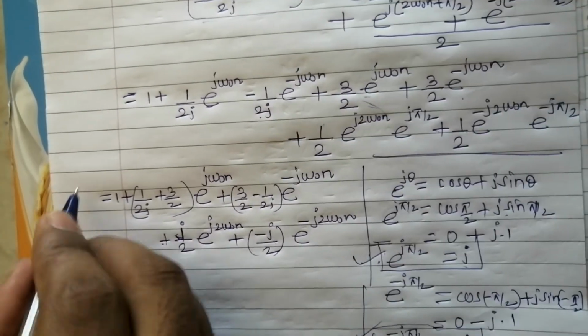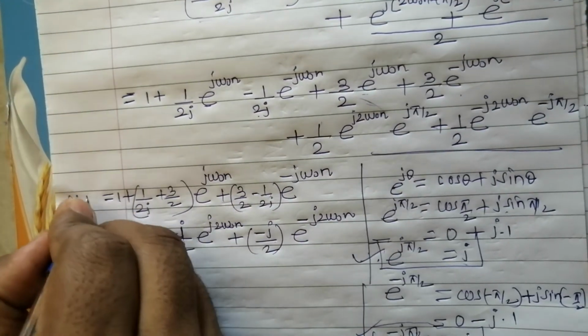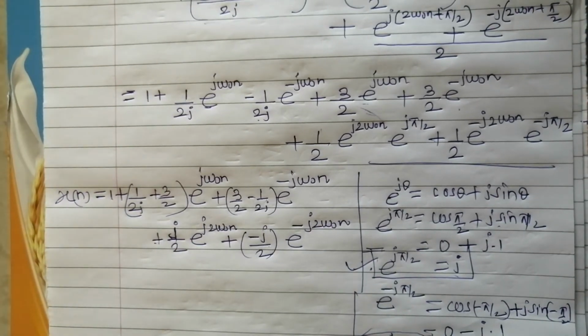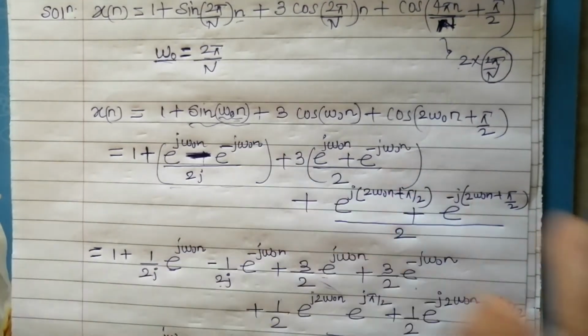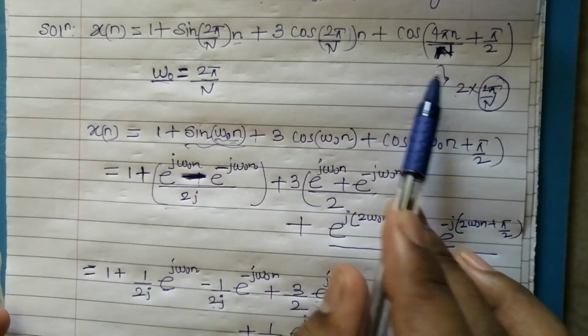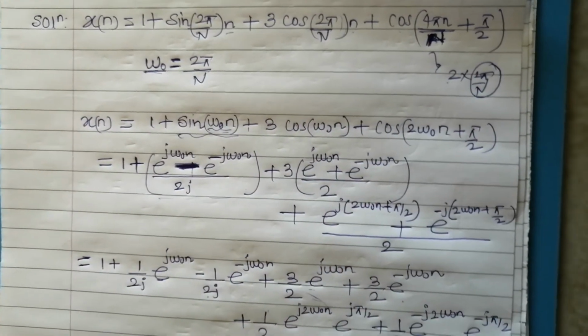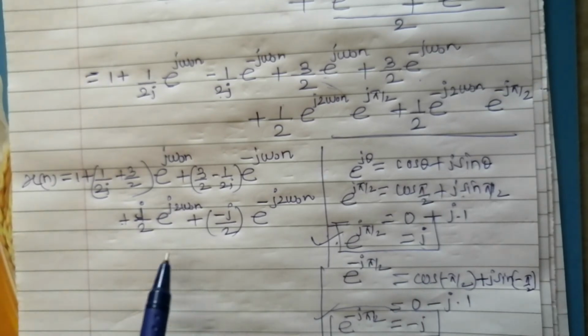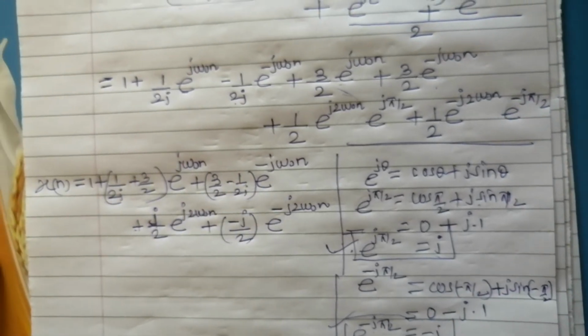Okay, so this is our x of n. So we have simplified and also represented the given x of n. So this was the given x of n, and we have simplified it up to this one.